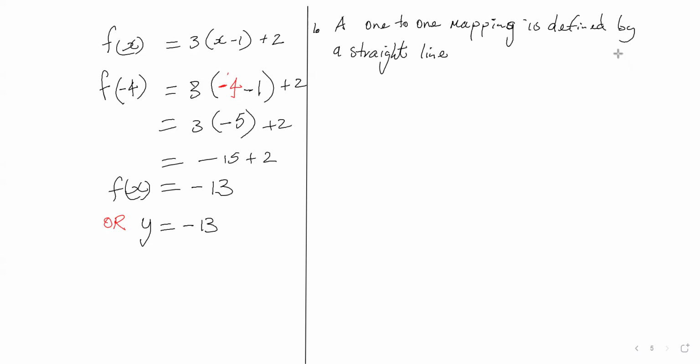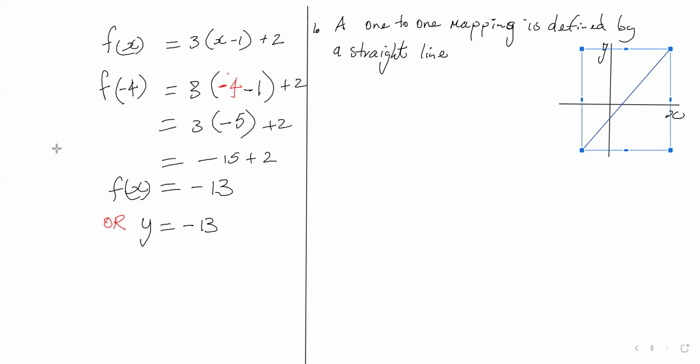If I draw my y-axis, my x-axis, and draw a line like this, it is a one-to-one mapping. How do I know this?